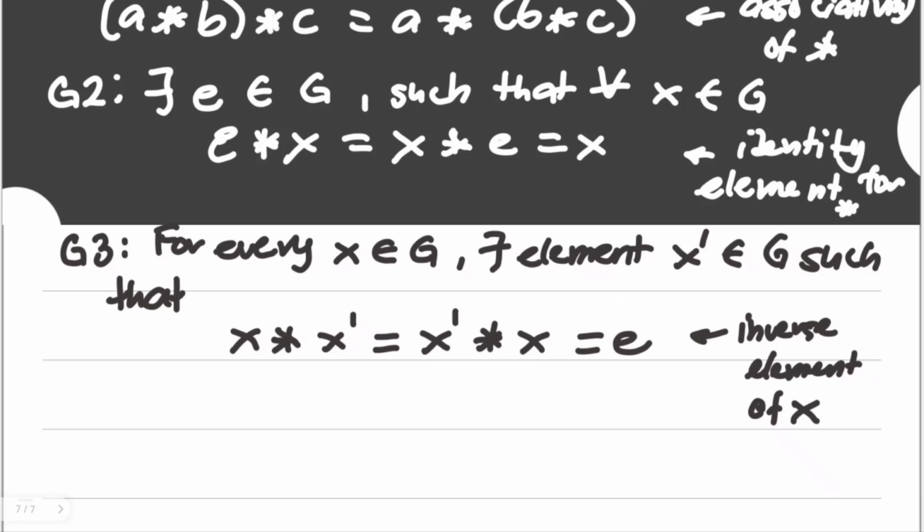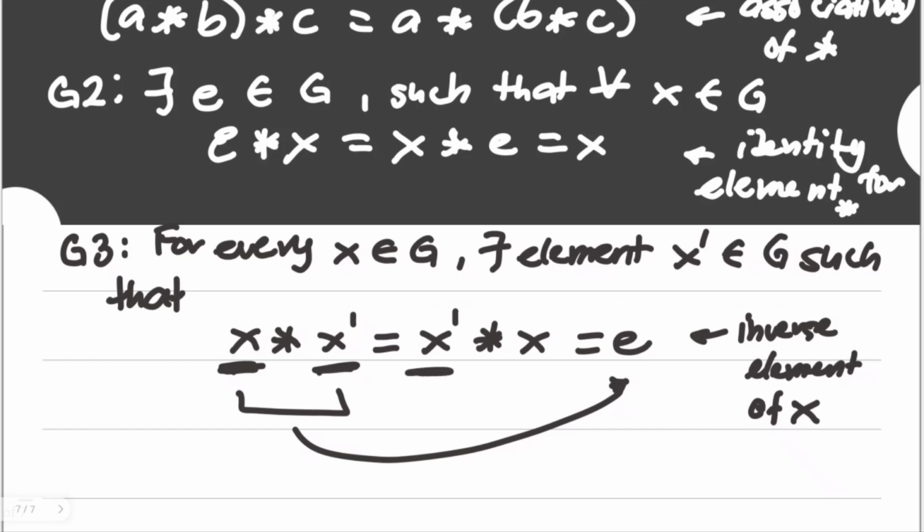Meaning, we guarantee that the identity element exists by G2, and we establish that for every x there exists another element of the same set that, when operated with x, will return your identity element.